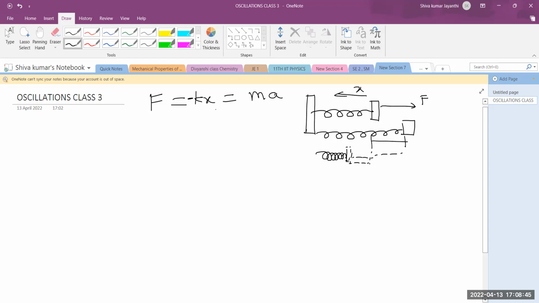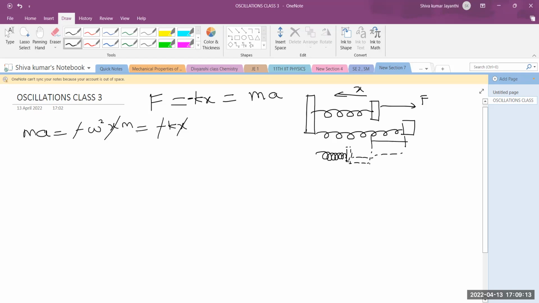Then I also told you the acceleration in S.H.M is equal to minus omega square x. We compared both of these: minus cancels, x cancels. Here M is there, A is there, so F is equal to MA, so MA is equal to Kx.